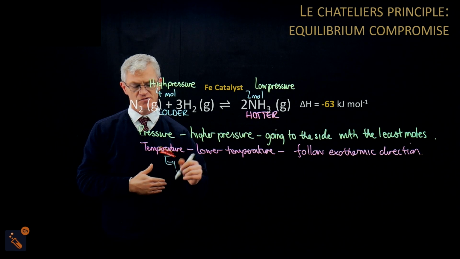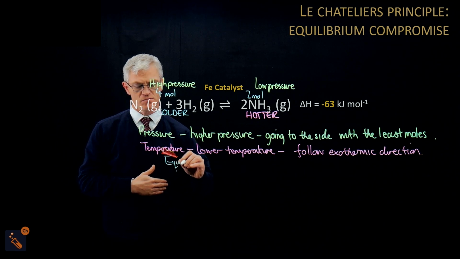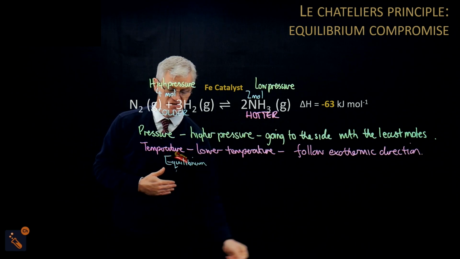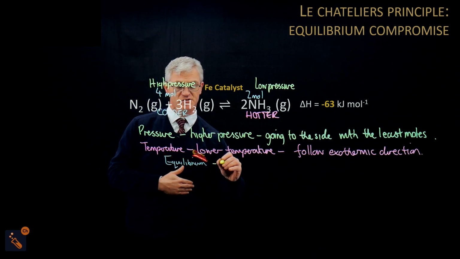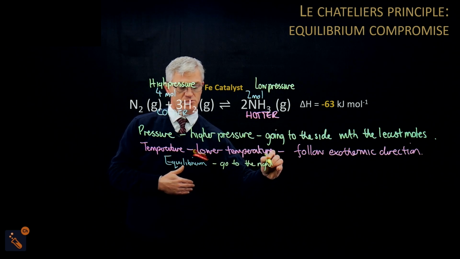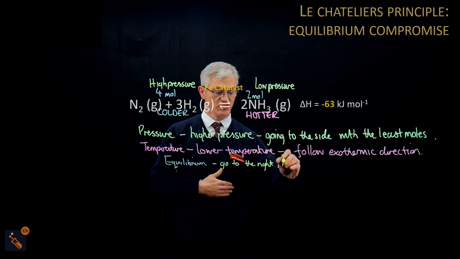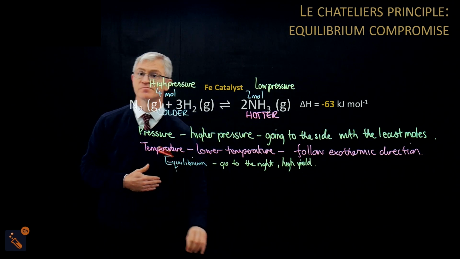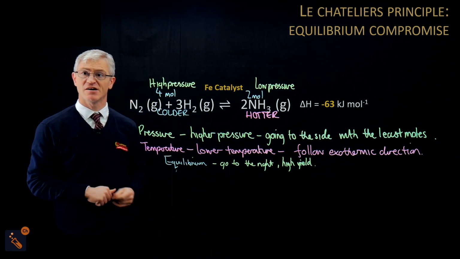Okay, there we go, the equilibrium. Okay, and that equilibrium will go to the right, which means you'll get a high yield. Okay, so perfect, right, that would be how I do the reaction.